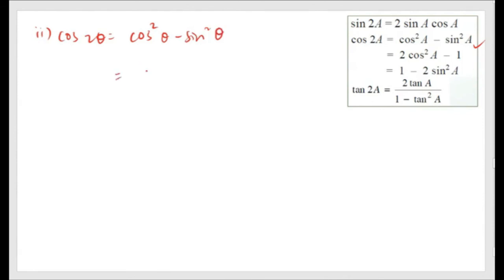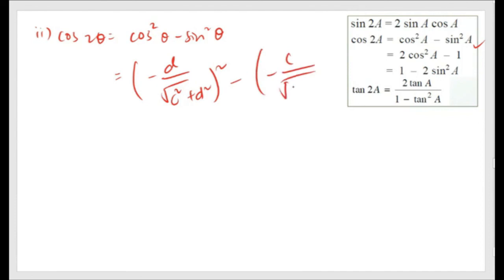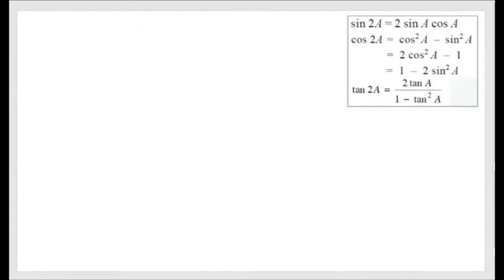So the cos square is negative d over square root c squared plus d squared, squared, minus sine squared. Just square it, and you will get d squared minus c squared over c squared plus d squared. That's it.